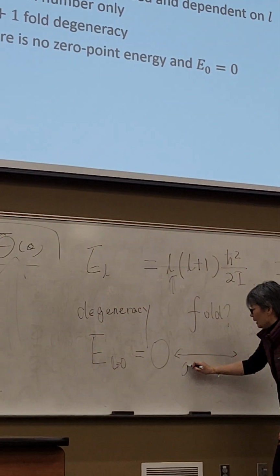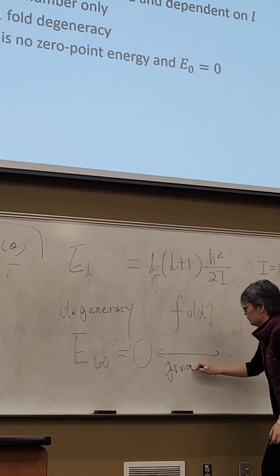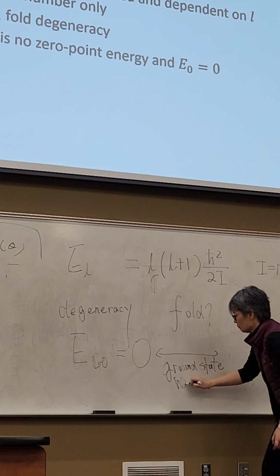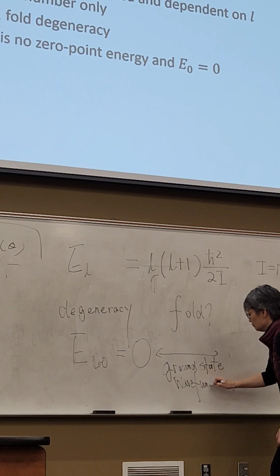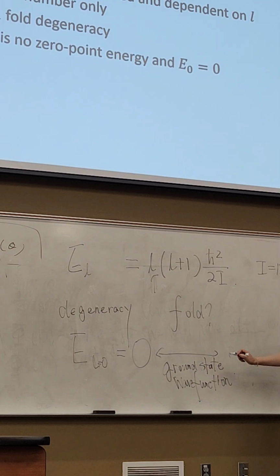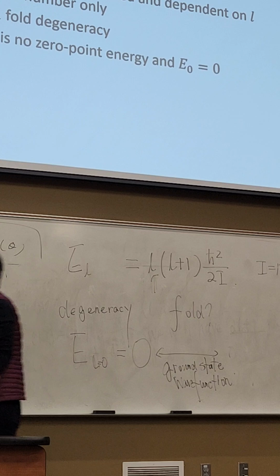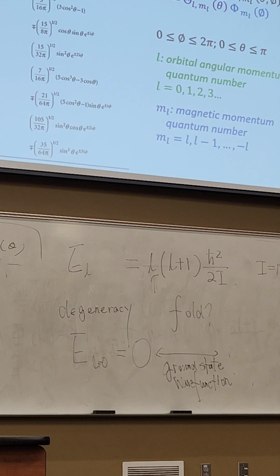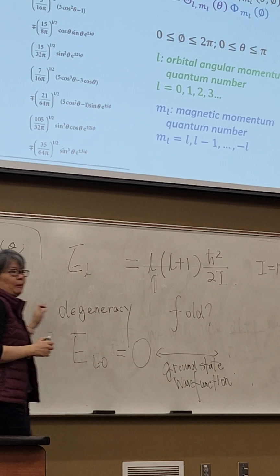Now when L equals 0, that's the energy. Then what is the ground state wave function? Then we have to think about it. The wave function is determined by those two quantum numbers.